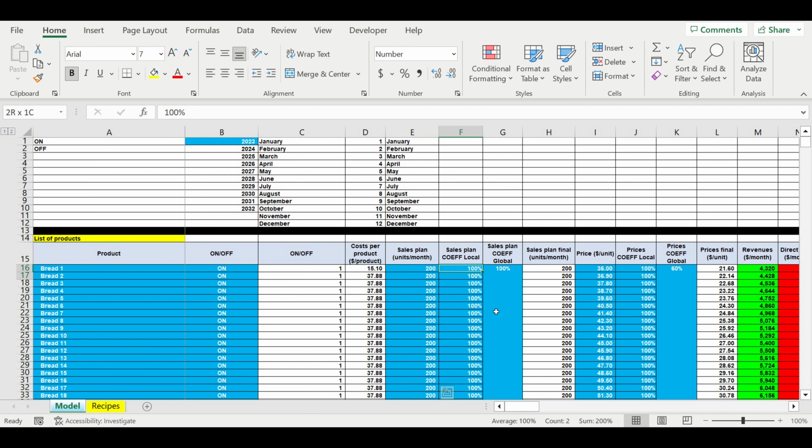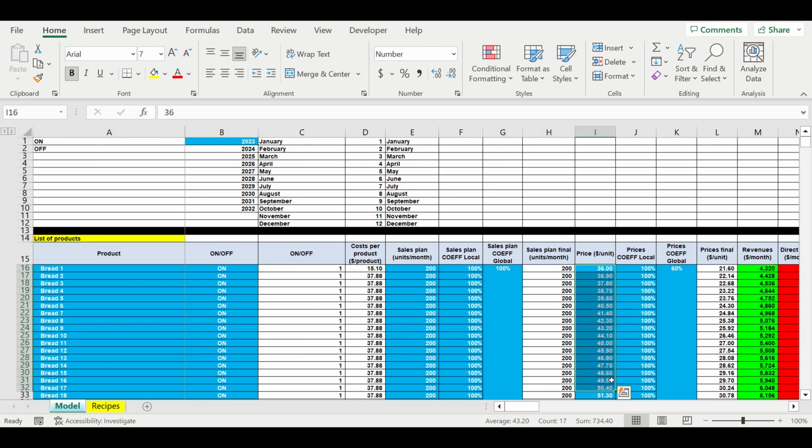Then we have global and local coefficients for the sales plan to increase and decrease it, so we can globally decrease the whole sales plan, and we can decrease and increase specific items inside the product line to see how this or that product affects the cash flow statement, simple and discounted payback period. So this is very interesting.